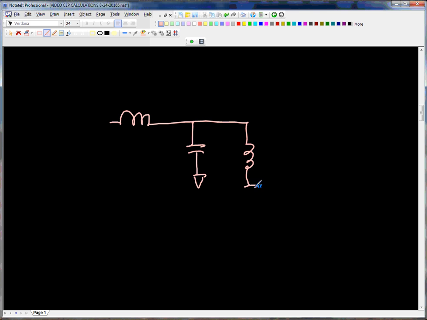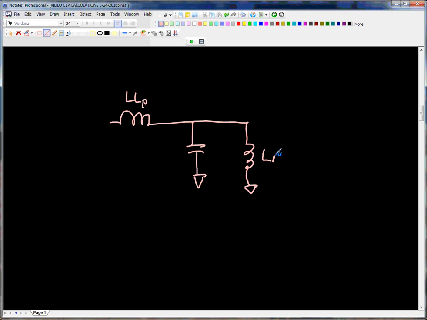Now let's do an example. I'm going to do the example and explain how it worked. First, I might show a schematic to you, like this. Where this is LLP, which stands for the leakage inductance referred to the primary.